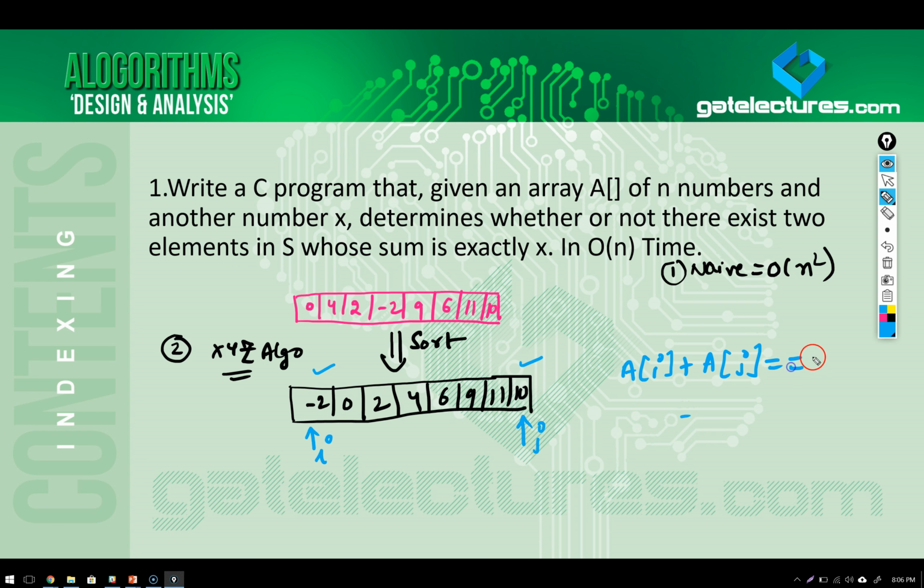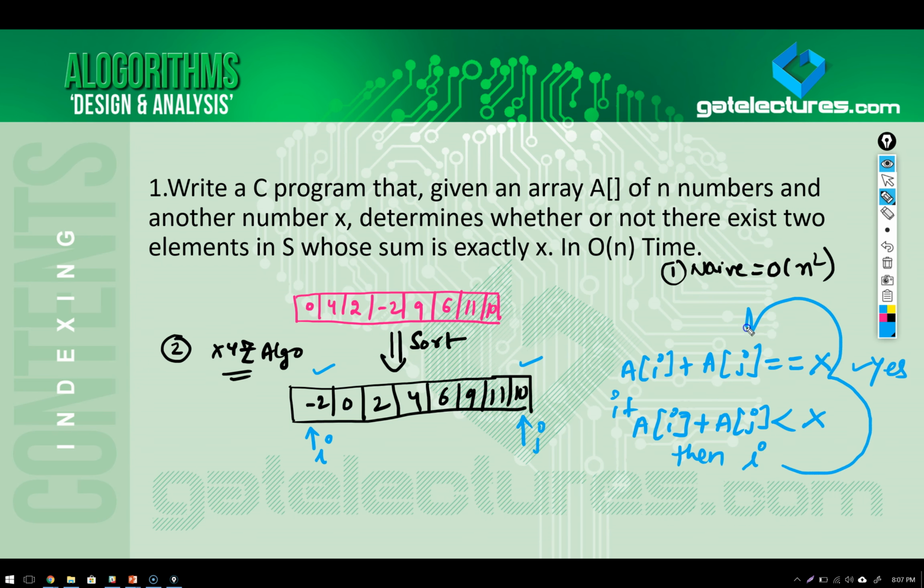If the sum is equal to number x, then we can say yes, the sum of this number exists. But if, let us say, a of I plus a of j is less than x, that means the sum is less than x, then we are going to increment I, and again check exactly the same solution.